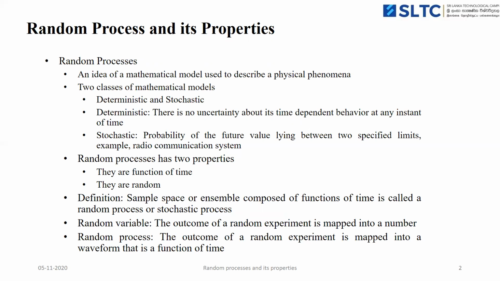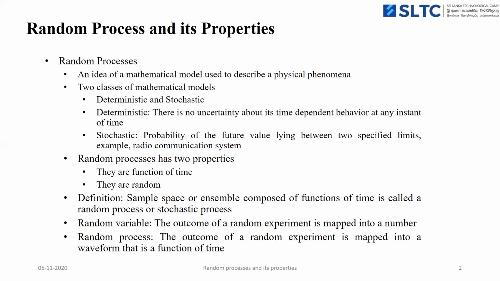For example, the weather condition is an example of a random process, another example is the population survey, and then the disease spread is another example of a random process.